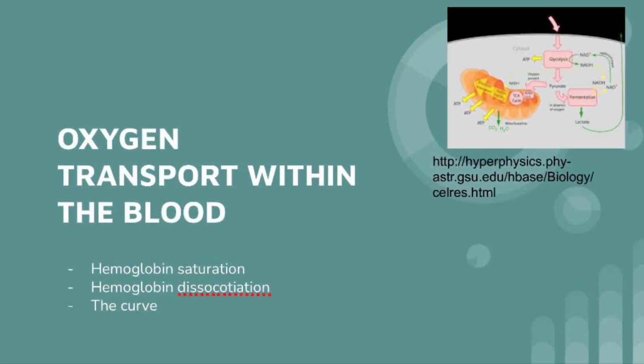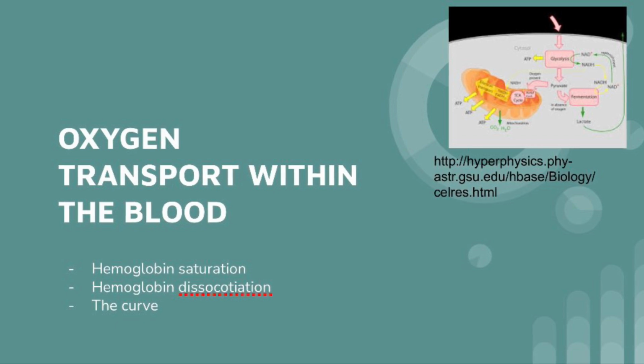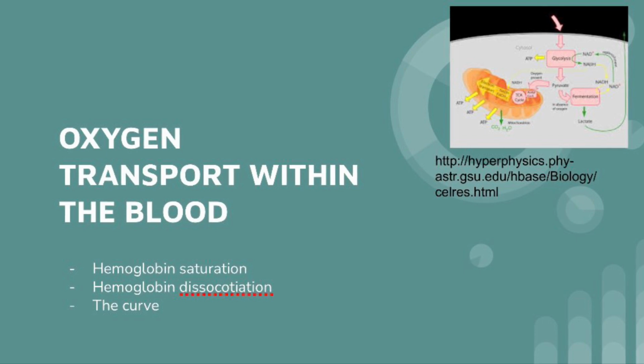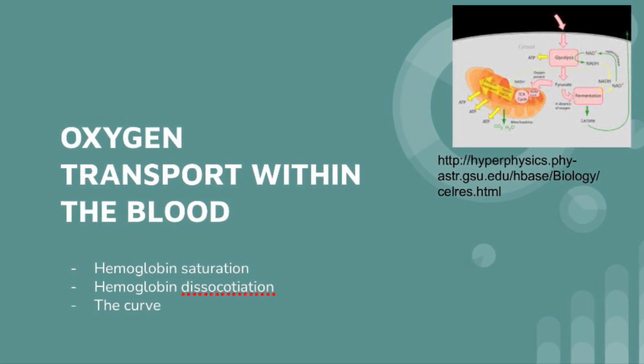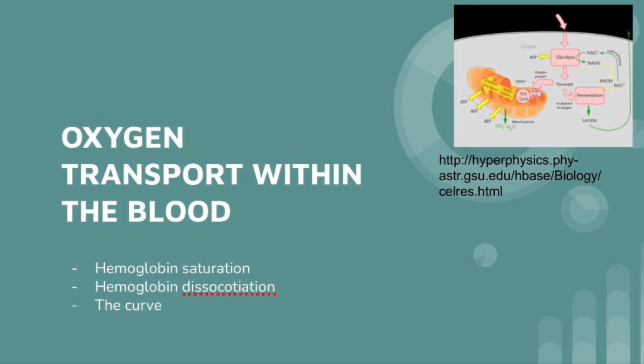Oxygen transport within the blood, including hemoglobin saturation, hemoglobin dissociation, and the curve. Hemoglobin saturation refers to the percentage of hemoglobin binding sites occupied by oxygen.